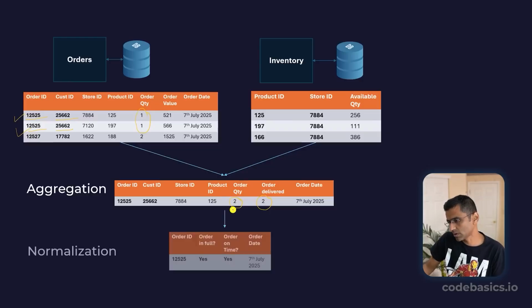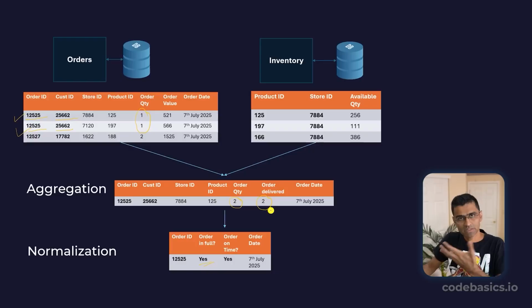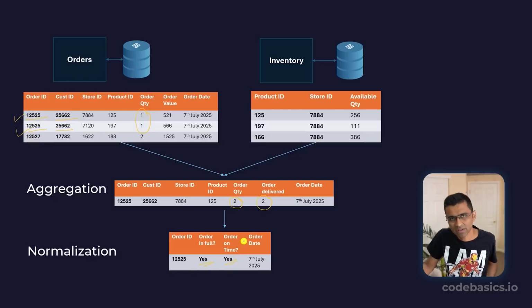But here it's order delivered in full. So now you can perform normalization and you can say, yes, order delivered in full, because you ordered 2 and the items that were delivered is also 2. Order was delivered in time? Yes. Let's say you were promised 30-minute delivery or one-day delivery if you are Amazon Prime. It was delivered on time as per expectation, so you can say yes.